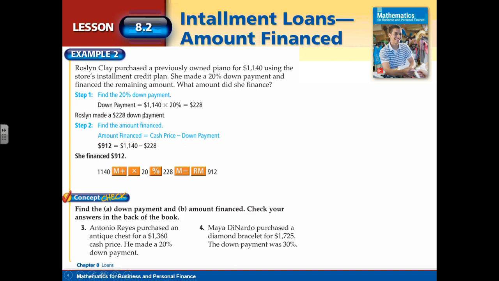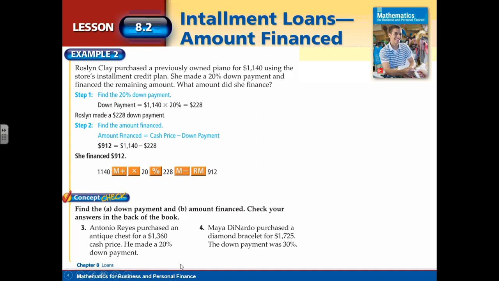First I'm going to have to find the down payment by multiplying 1,140 times the 20%. So she's going to pay $228 up front. So we go 1,140 minus 228. So the amount financed is $912.